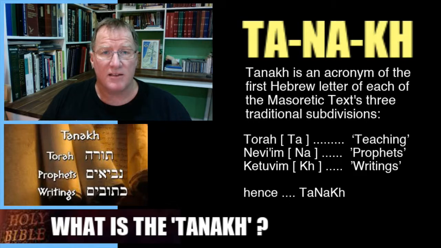So the Tanakh is actually an acronym of the first Hebrew letter of each of the three Masoretic texts and their subdivisions. Torah has the letters T-A, Nevi'im has the letters N-A, and Ketuvim has the letters K-H. When we put those together, we arrive at this word that we know as the Tanakh.